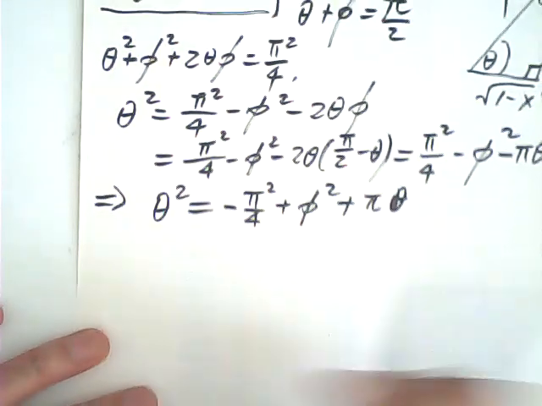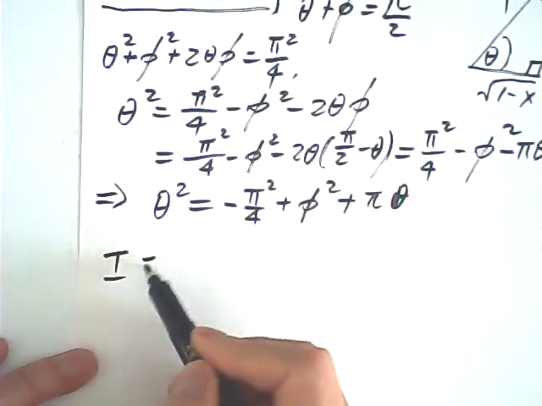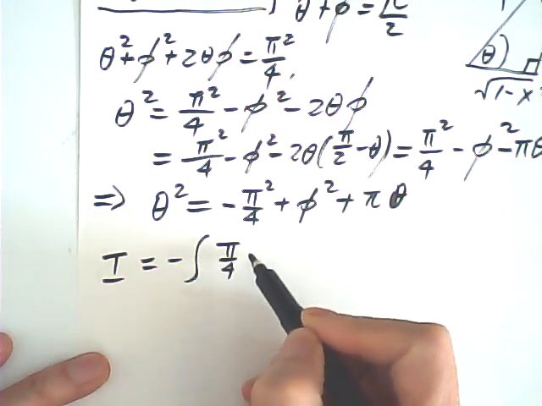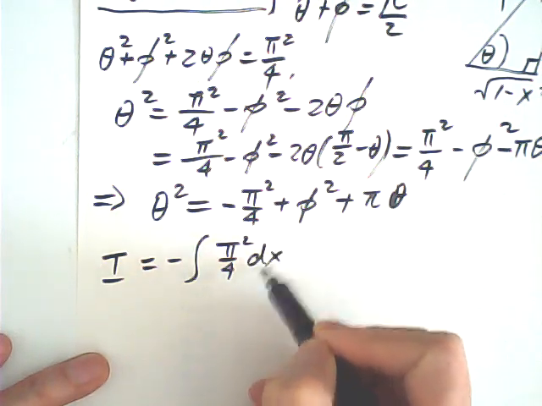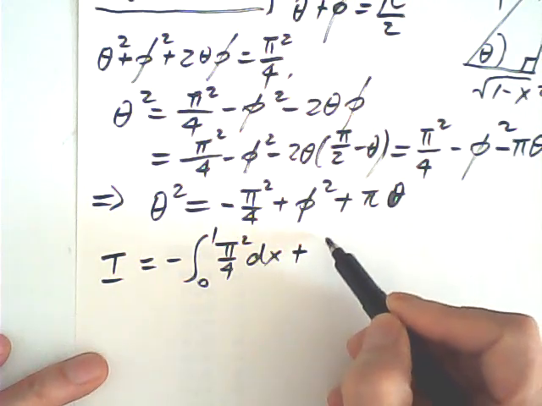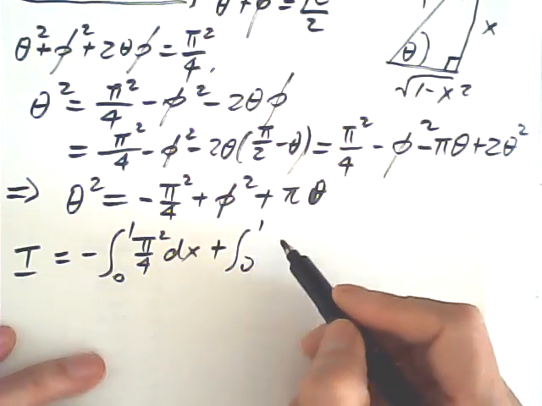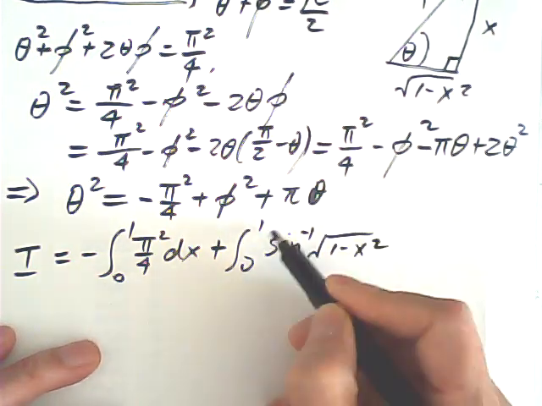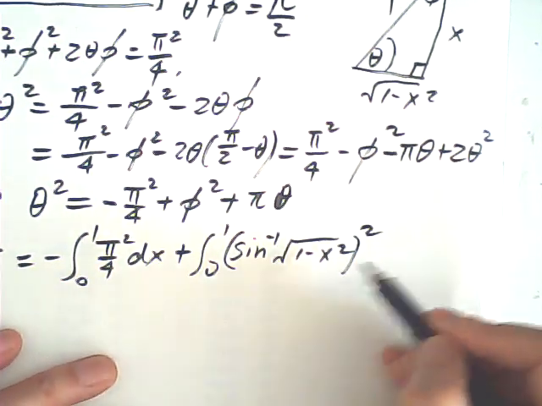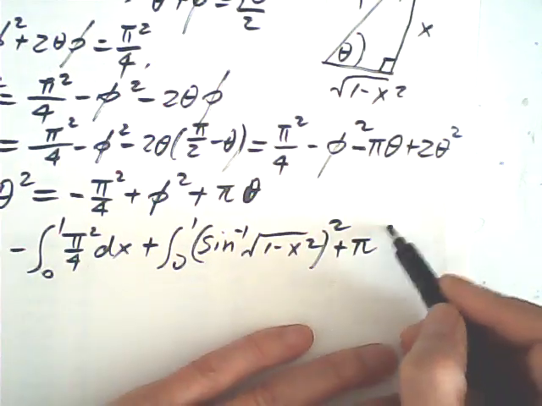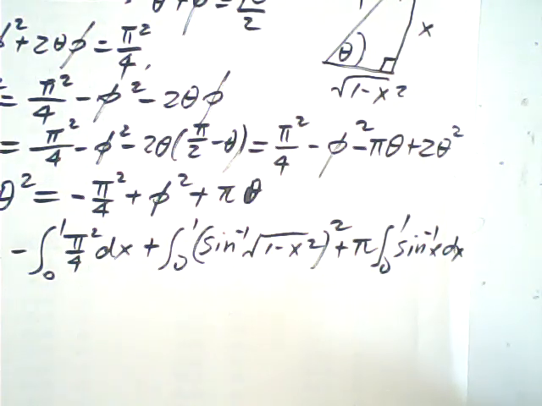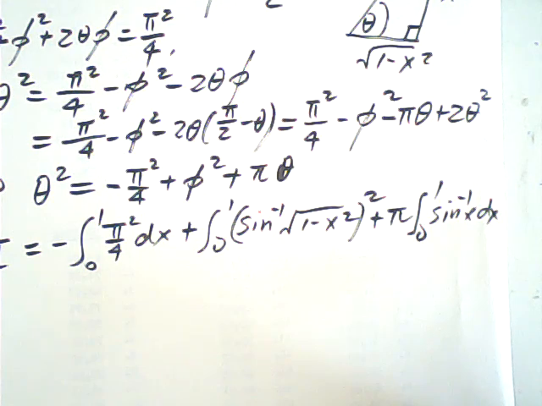Our integral I is equal to the integral from 0 to 1 of this, arcsine of square root of 1 minus x squared, plus pi times the integral from 0 to 1 of arcsine x dx. Wow.